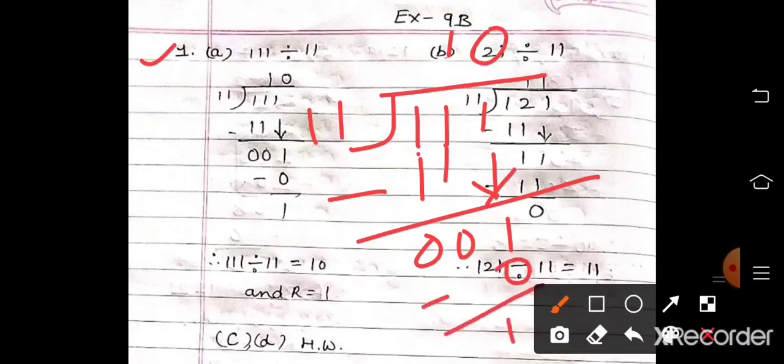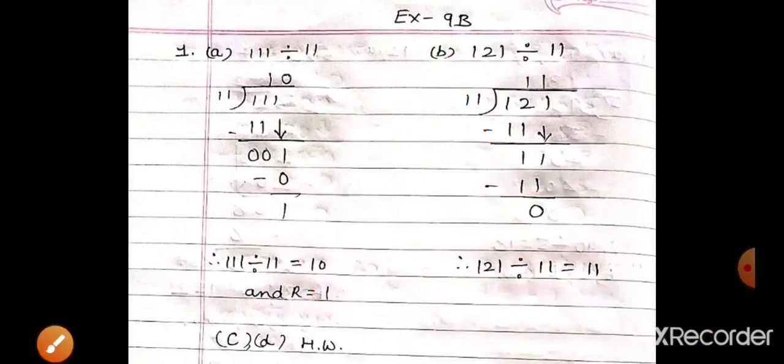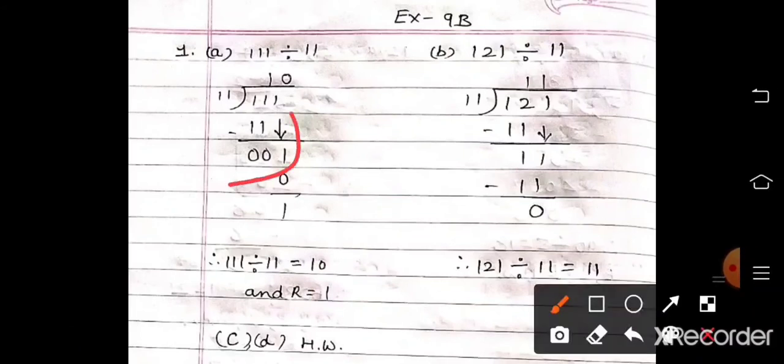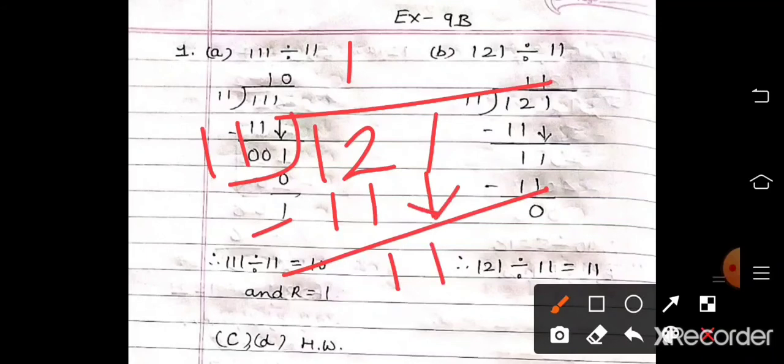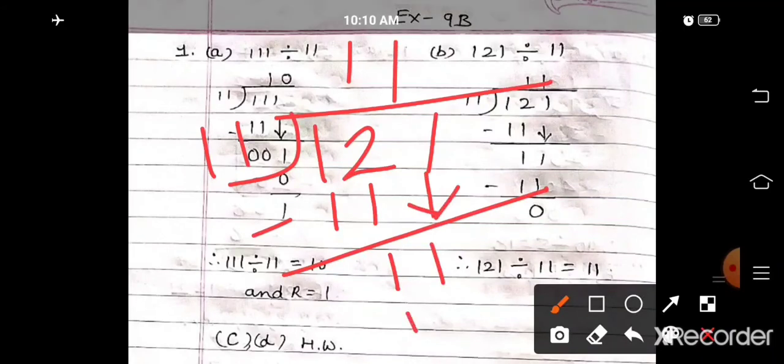So here quotient is 10 and the remainder is 1. Okay, now second question, 121 divided by 11. 11 ones are 11. Now 2 minus 1, 1. Now bring down this one here, again 11 ones are 11.